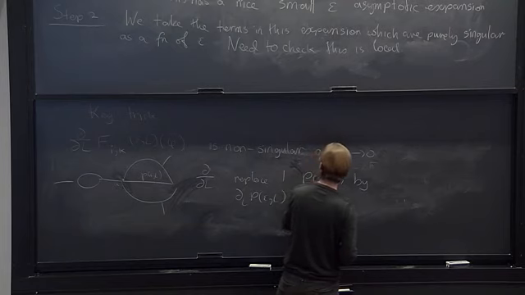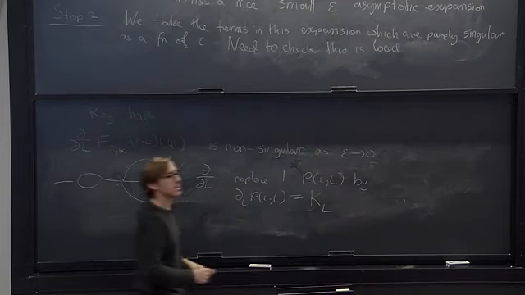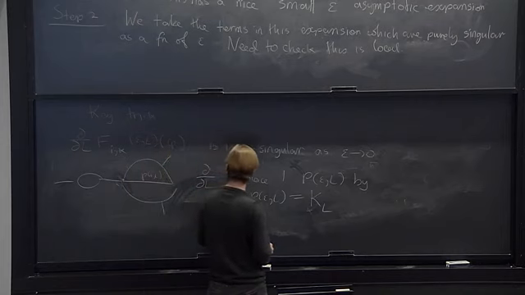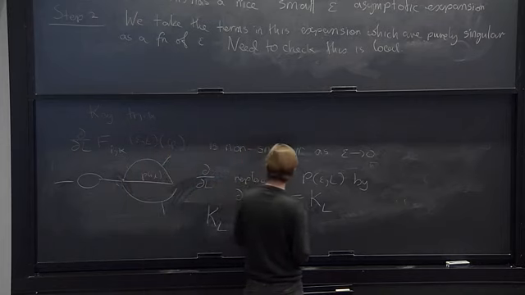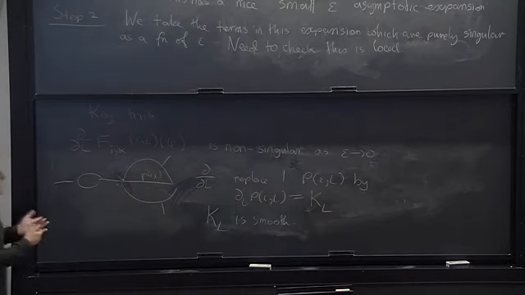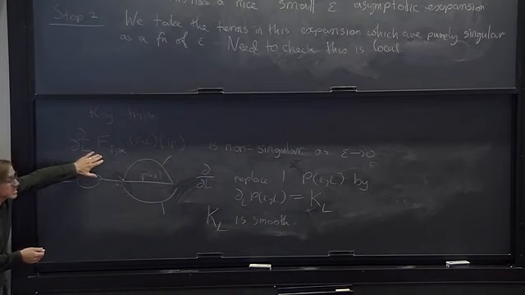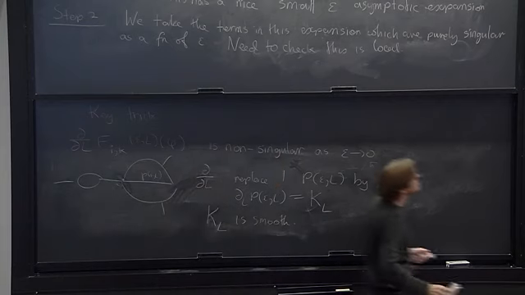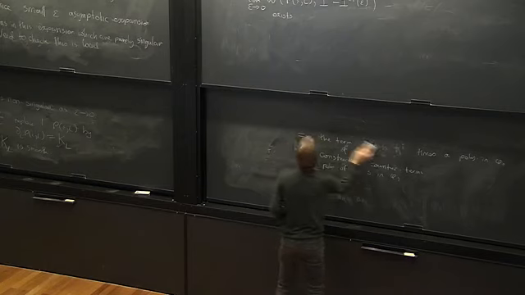That's the heat kernel. And the heat kernel is smooth, and also independent of epsilon. So the derivative of this quantity is written in terms of quantities where the singularities have already been cancelled. So it looks like this.